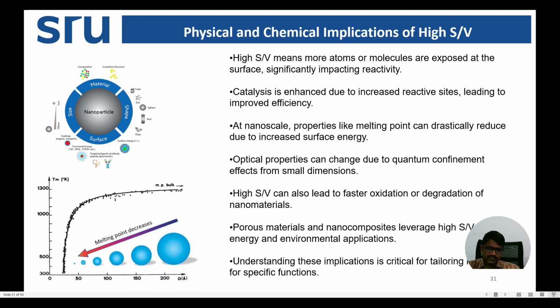in environmental applications. We have discussed that these nanomaterials are very useful to treat water pollutants and air pollutants. Porous materials and nanocomposites leverage high surface to volume ratio for energy and environmental applications.